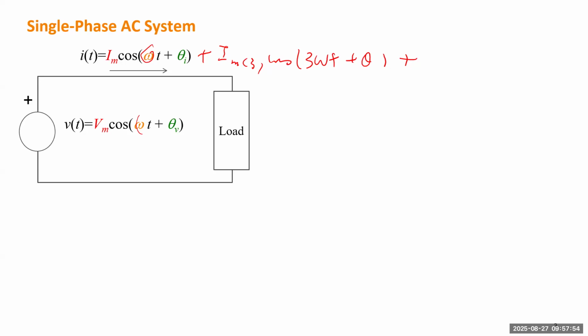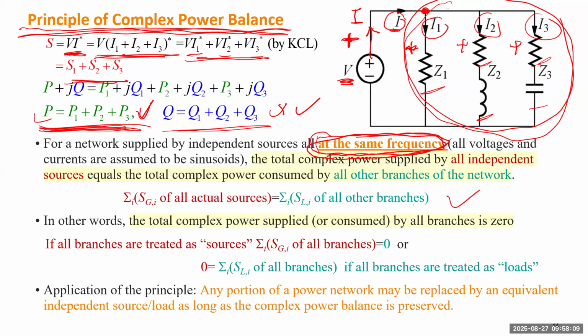But if you have more harmonics, for each harmonic you need to define reactive power. So you may have many different components of reactive power. So when you maintain the balance of complex power, you need to cover not just the fundamental frequency, you need to cover all the frequency components.